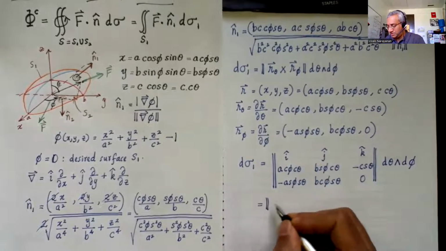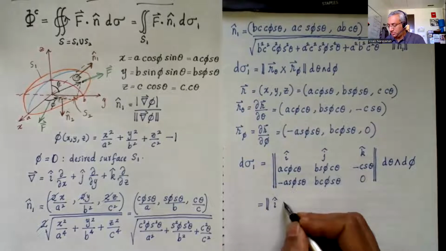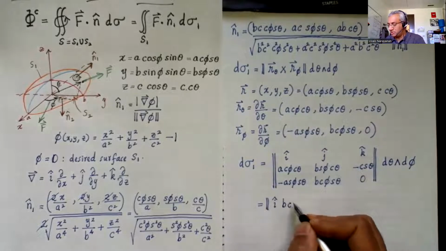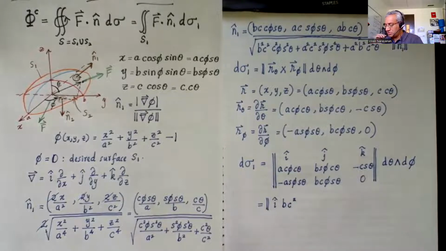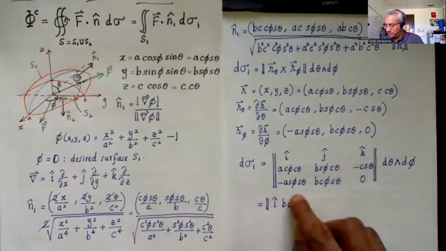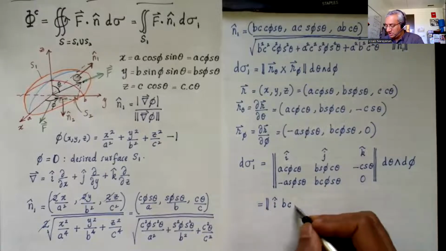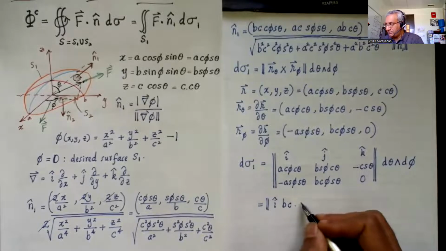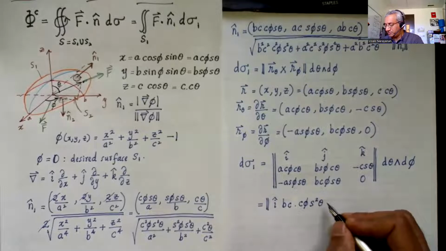So I'm going to get the magnitude of i hat, which is positive BC squared. Is that right? No, there's no. I succumb to my own notation here. That is b cosine phi, and that is c there. So it's bc times cosine phi sine squared theta. So you can see the pitfalls of this notation.